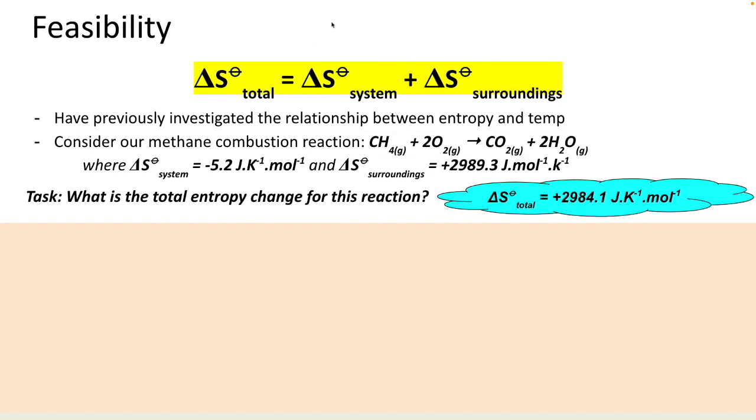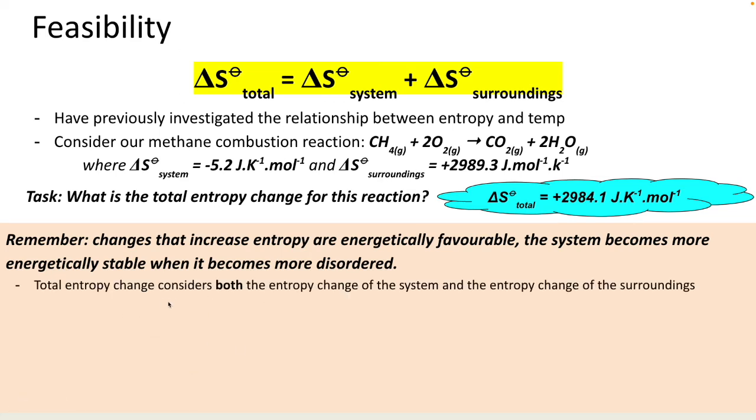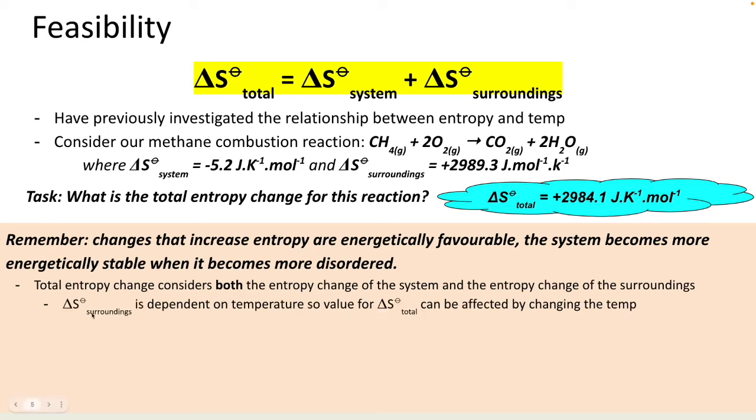So let's talk about that idea of feasibility. We mentioned it earlier. Remember, changes that increase entropy are energetically favorable. The system becomes more energetically stable when it becomes more disordered. Our total entropy change, as we've now seen, considers both the entropy change of the system and the entropy change of the surroundings, where our delta S of the surroundings is dependent on temperature.